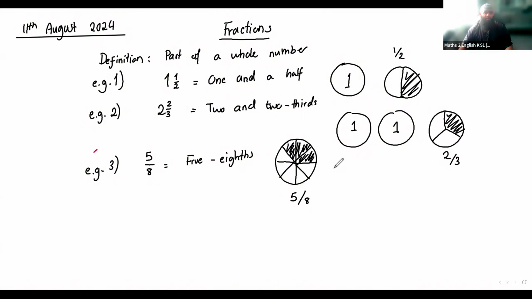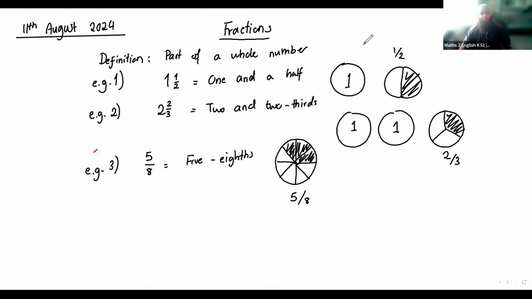All right, guys, this is the very basics and fundamentals of fractions. A lot of the problems that we have in this day and age is that we don't understand fractions. We know there are numbers with a line, but we don't know what that really means. Now, fractions are also divisions.